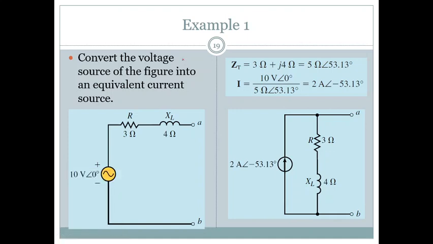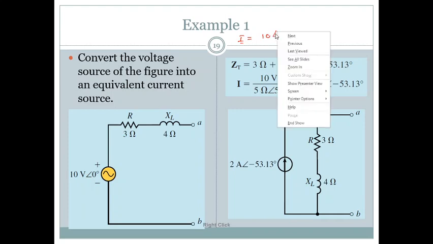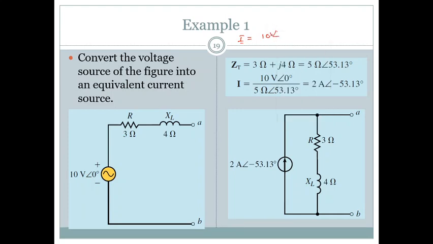So I is equal to 10 volts angle 0 degrees divided by, don't worry, the calculator will give you the answer, 3 plus j4 ohms, right? 3 ohms plus j4 ohms.